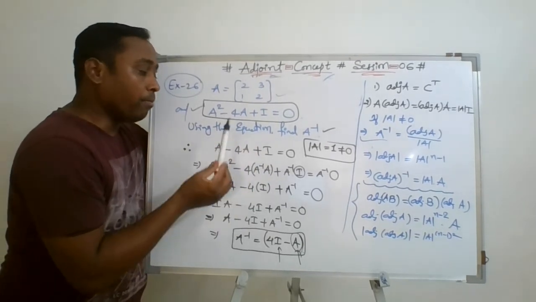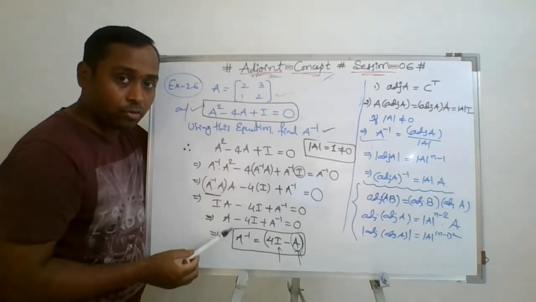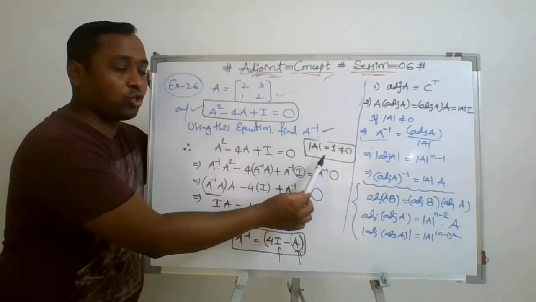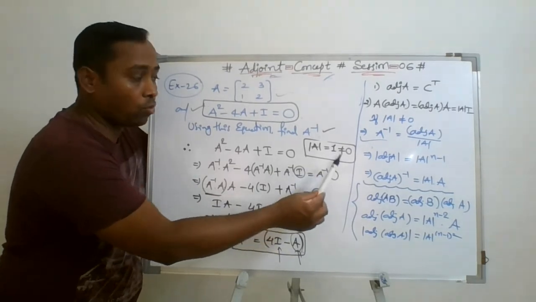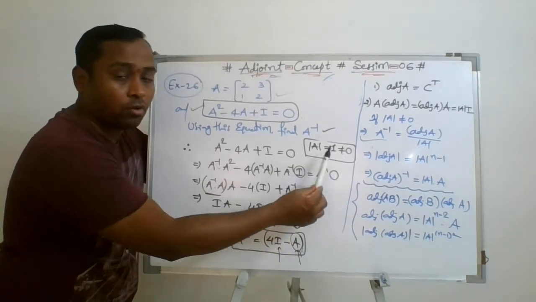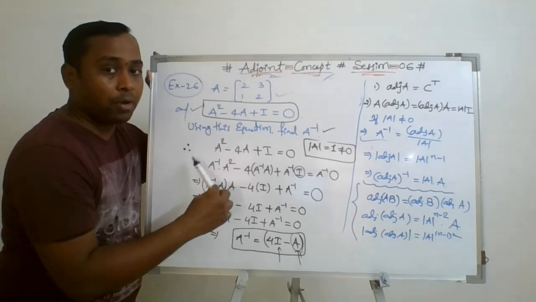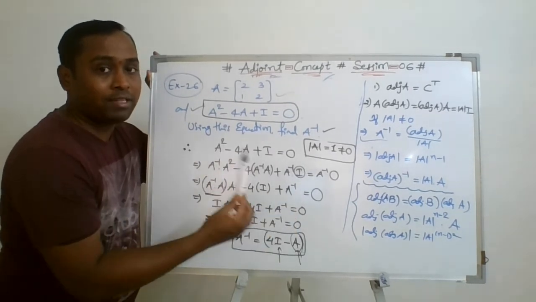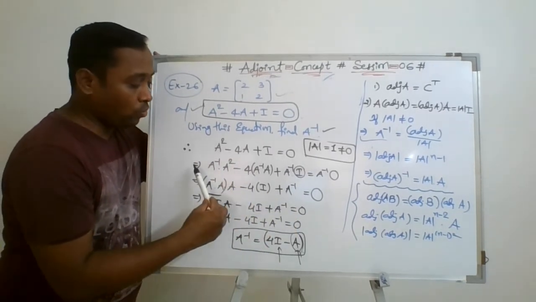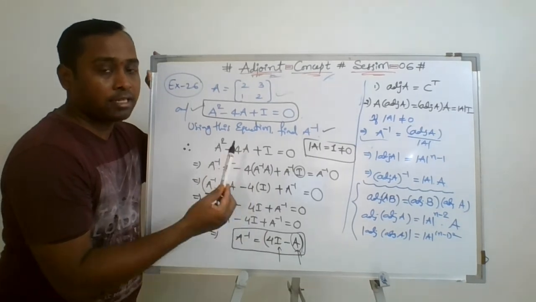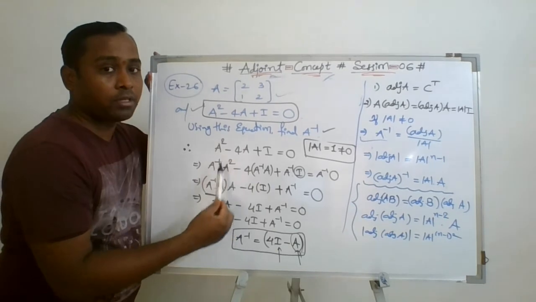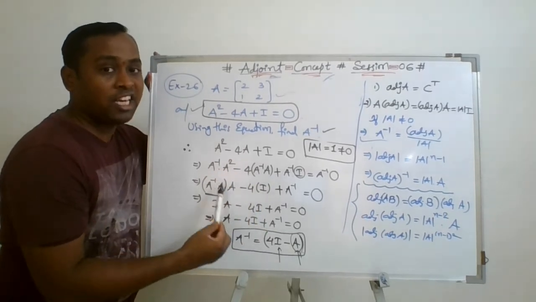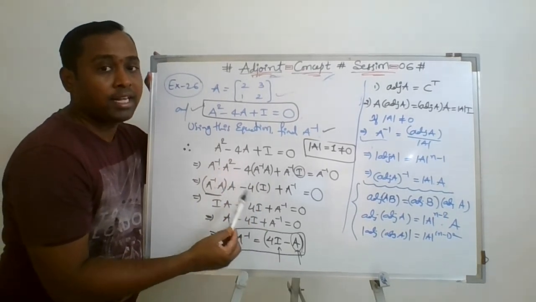But before going for this technique to find A inverse, first we check the determinant of A, whether it is 0 or not equal to 0. If it is not equal to 0, then only we multiply the entire equation with A inverse. When I multiply by A inverse, either you keep A inverse on the left hand side or on the right hand side of each term, to maintain the order.